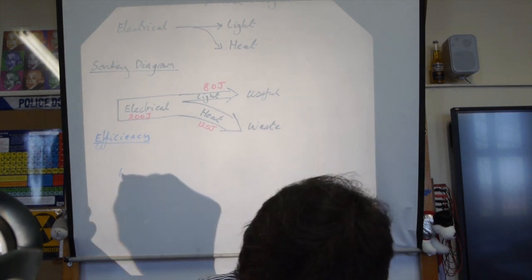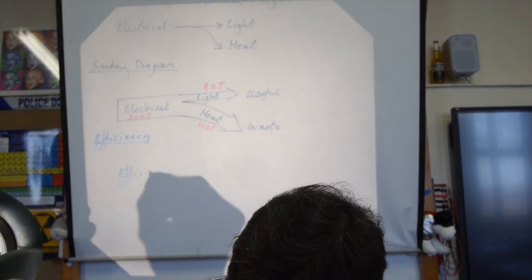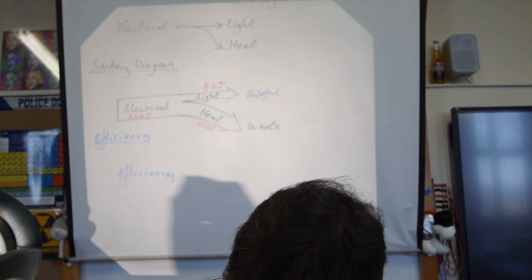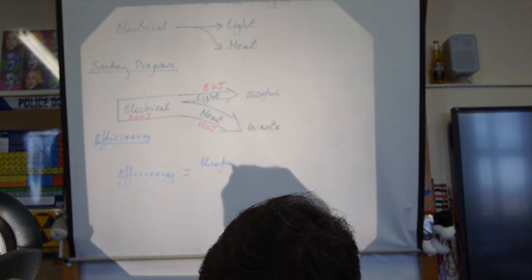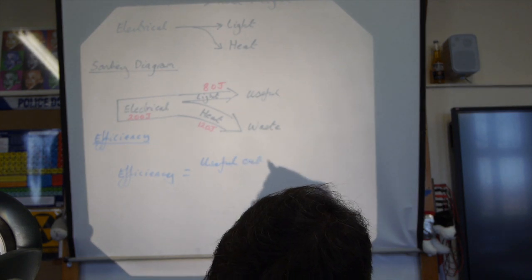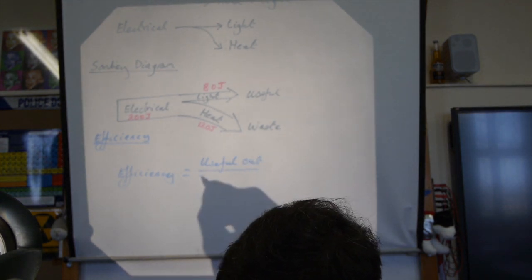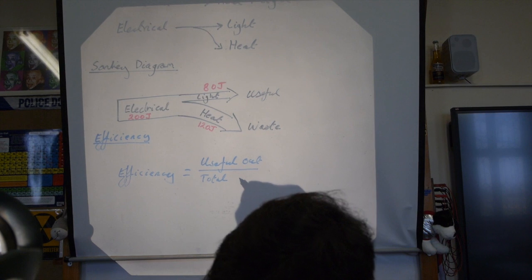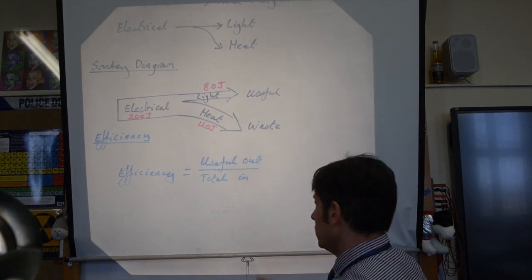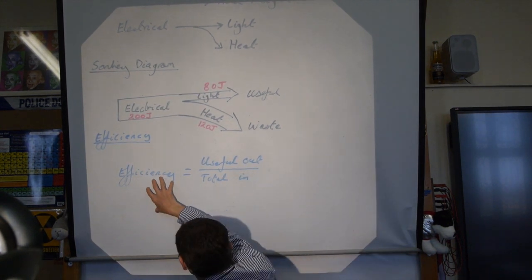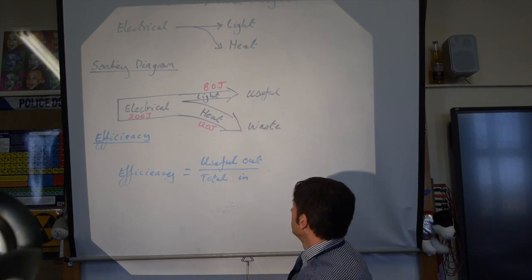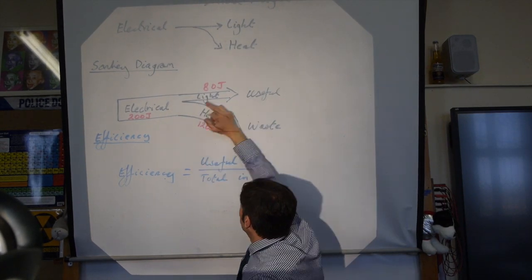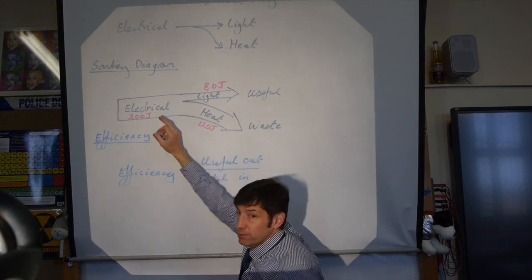So the efficiency of any system is the useful energy out divided by the total energy you put in. That's pretty obvious, isn't it? The efficiency is how good it is, what you get out compared to what you put in.